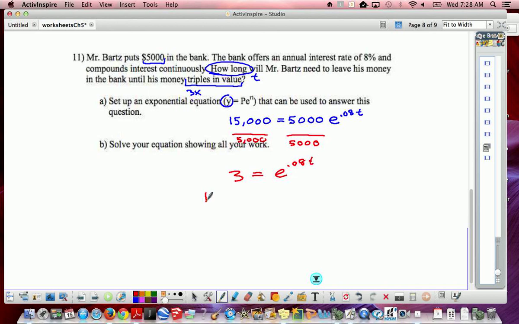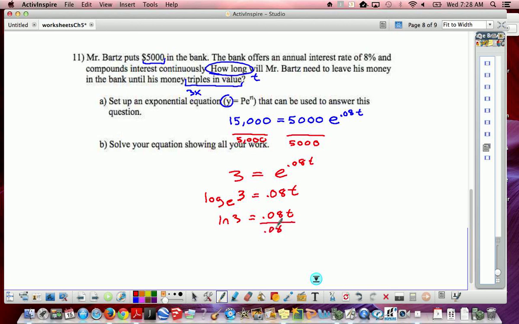Now if it helps you, write it in log form. Log base e of the number, so of 3, is equal to the exponent. Log base e is the same thing as natural log. So natural log of 3 equals 0.08t.